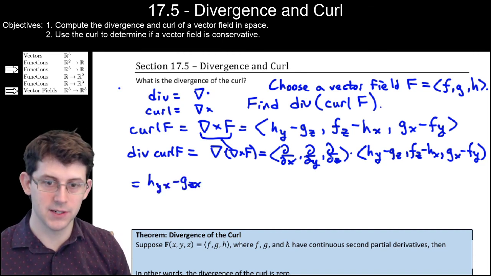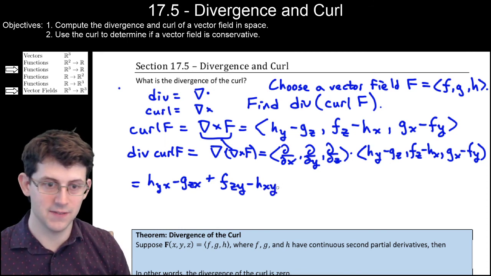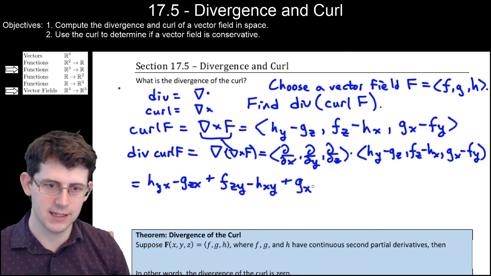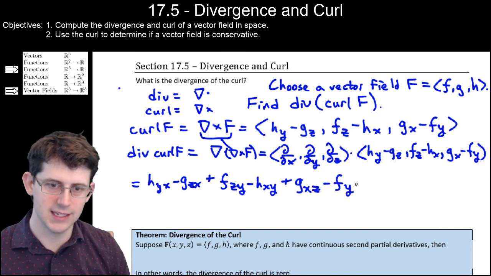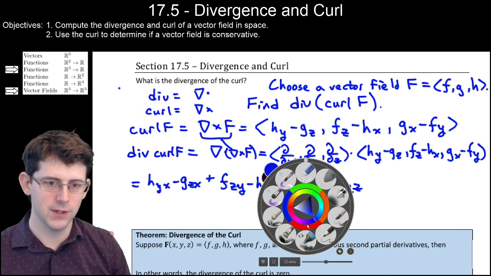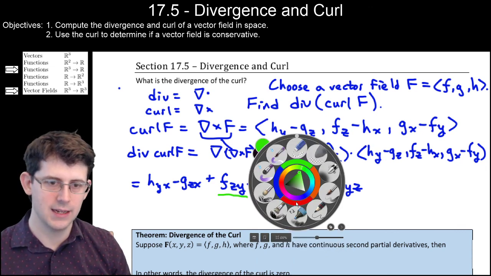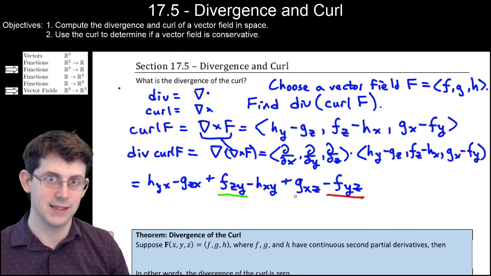Then I take partial y of the y slot. So I have fzy minus hxy. And then partial z of the z slot: gxz minus fyz. I've got all these second partial derivatives again. And if you look at the f ones, I've got fzy minus fyz.